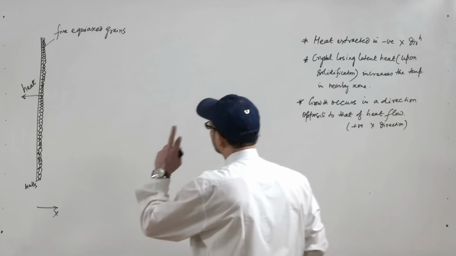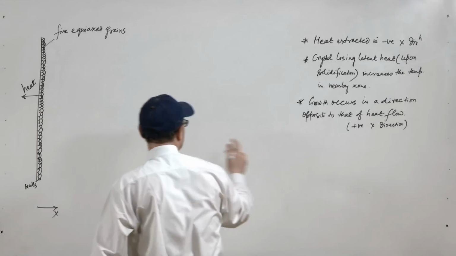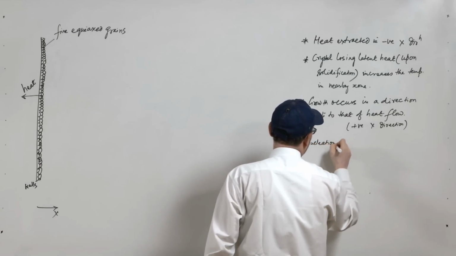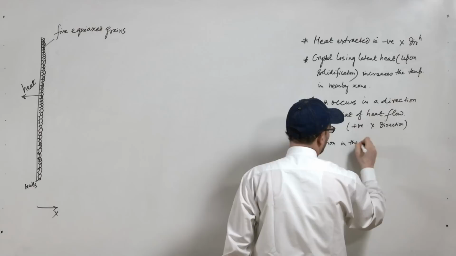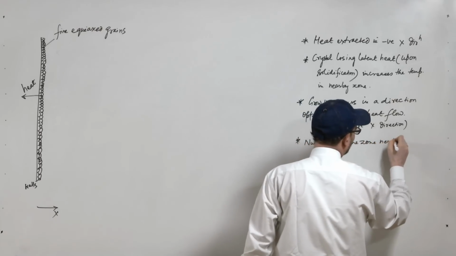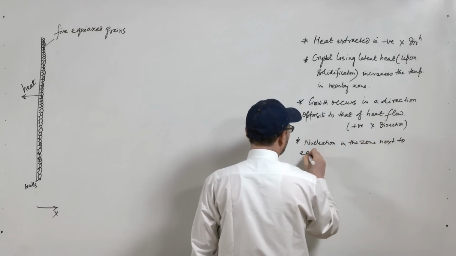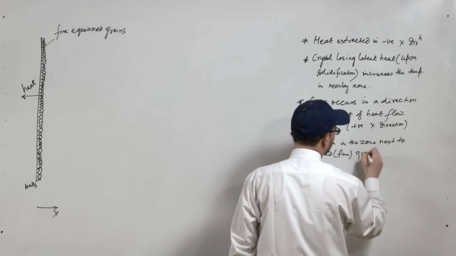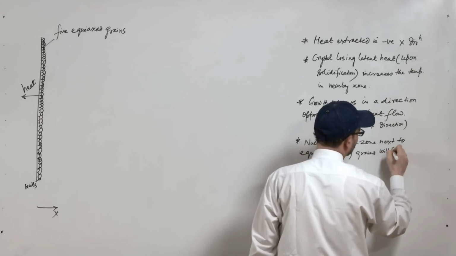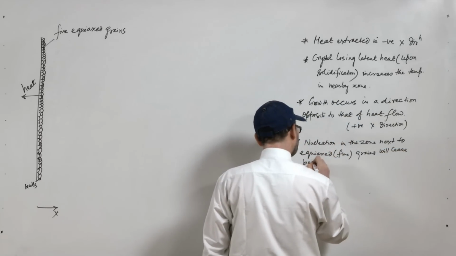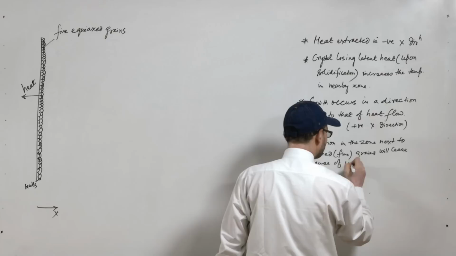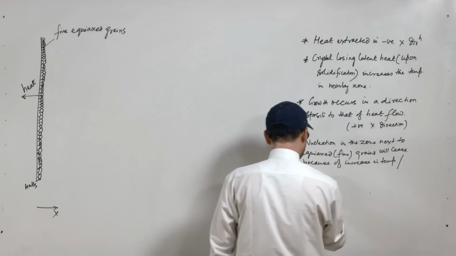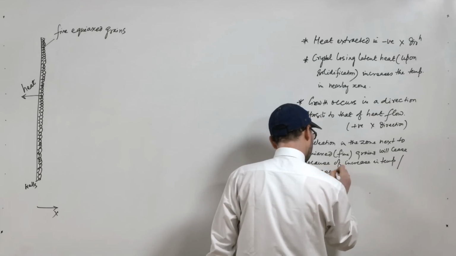One is that there will be growth, and nucleation will cease. Nucleation in the zone next to the fine equiaxed grains will cease because of the increase in temperature, or decrease in the degree of undercooling.